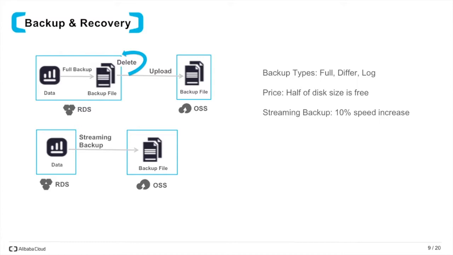You can set a backup policy, including how many days you want to retain your data, the backup cycle frequency, and what time you want to start the backup each day. It's very simple to use, and all you need to do is set the configuration in advance.